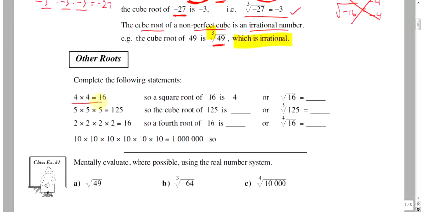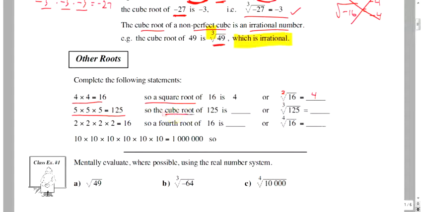All right, so have we said this before? Yes, about 7 times. Let's make it 8. 4 times 4 is 16. Therefore, the square root of 16 is 4. What number goes here if there's nothing there? 2. 2 roots of 16, that's 4. 5 times 5 times 5 is 125.